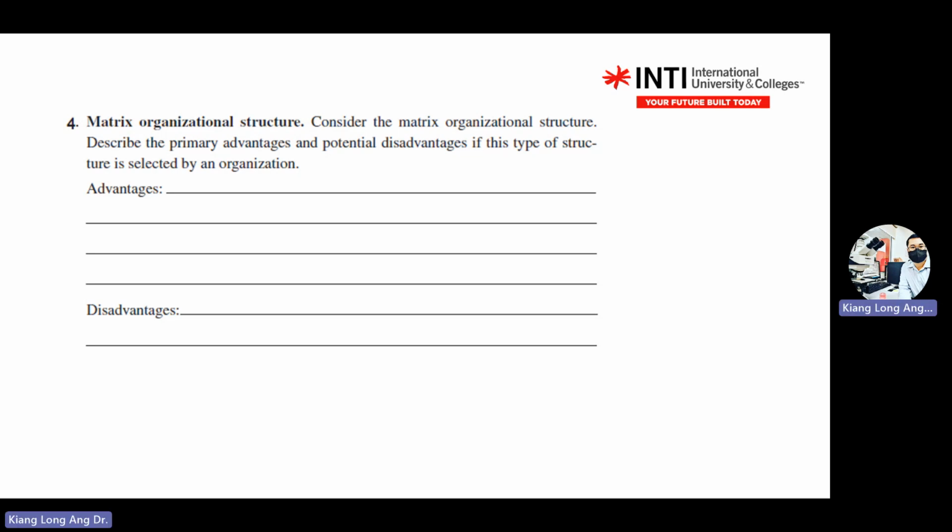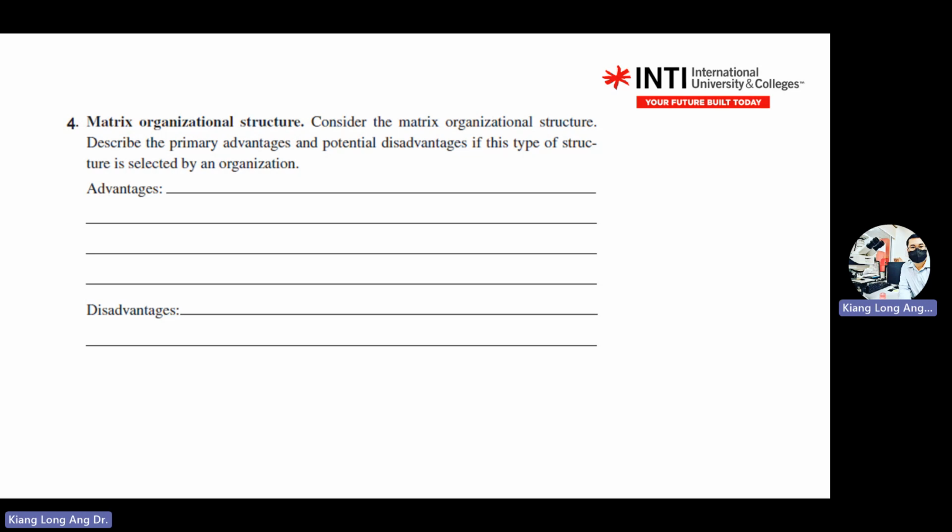Then if the project manager and the functional manager don't have a good relationship, that will also create conflict. If these two always fight, then the resources stop. They will spend more time quarreling rather than discussing how to use the resources, between the project manager and the functional manager.